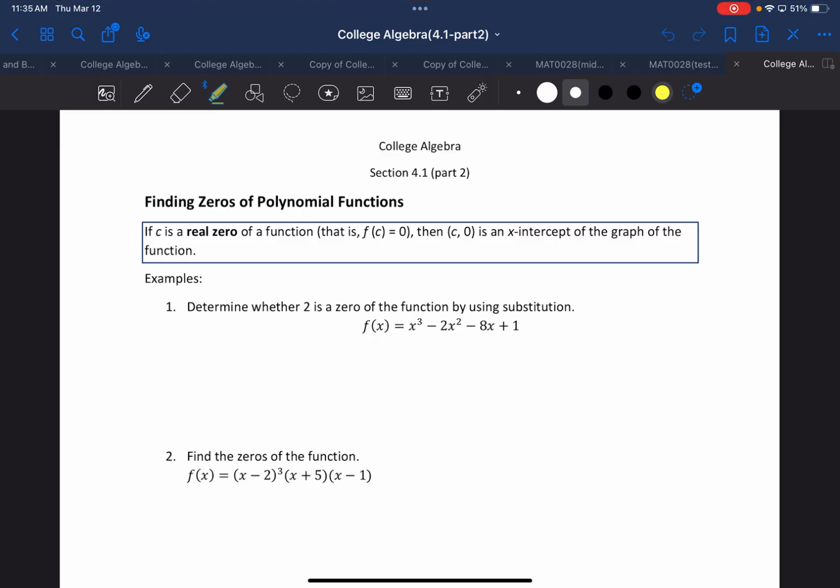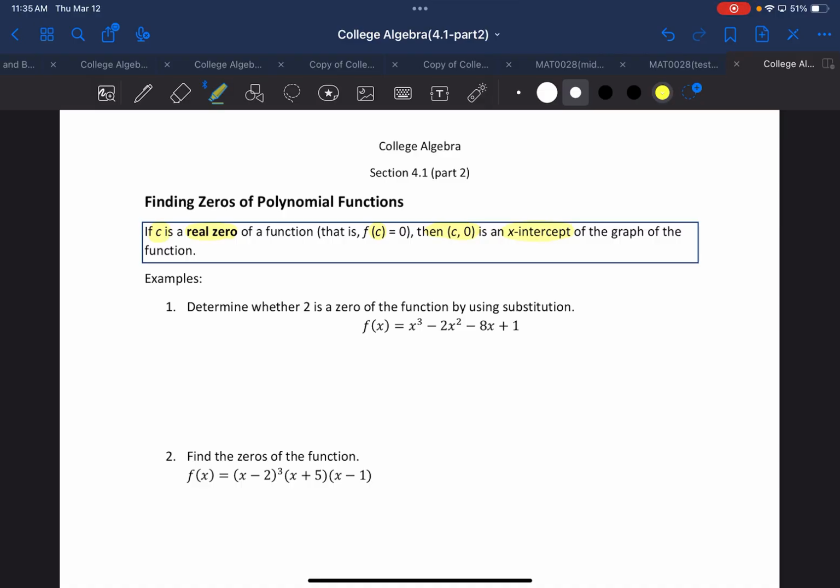But anyways, the definition: some number C is a real zero of a function, which means that if I plug C into that function, it should be equal to 0. It makes the function 0. And if C is a 0, then we've also learned that (C, 0) is an x-intercept.